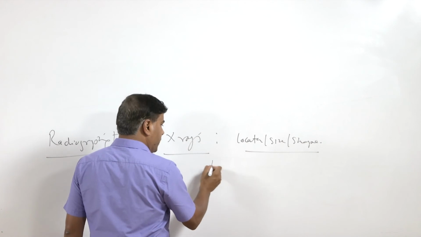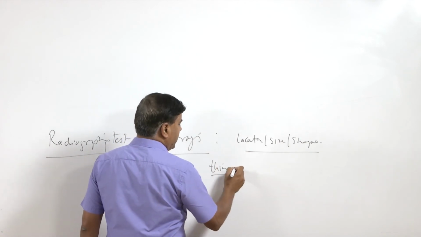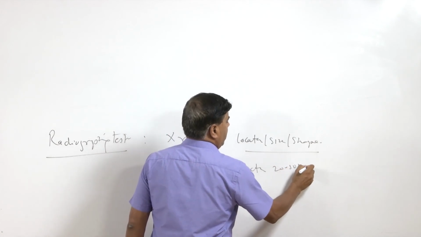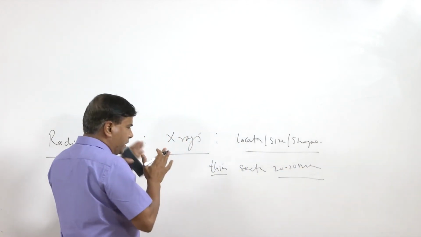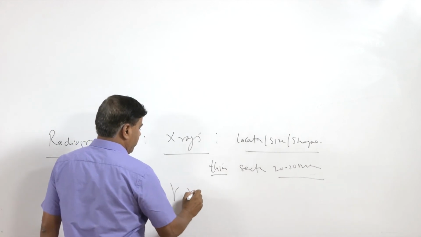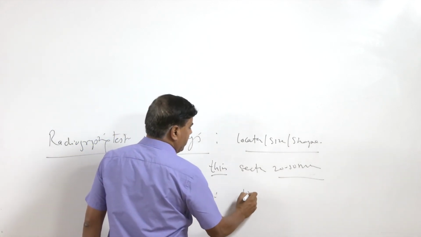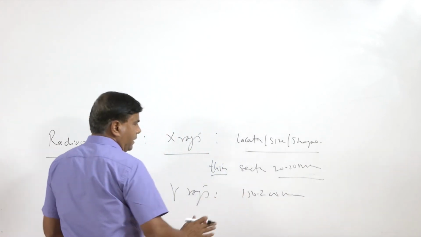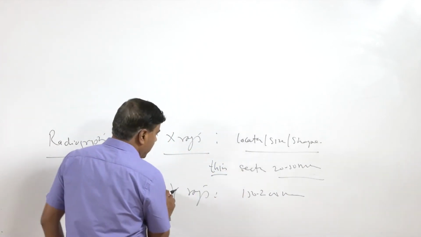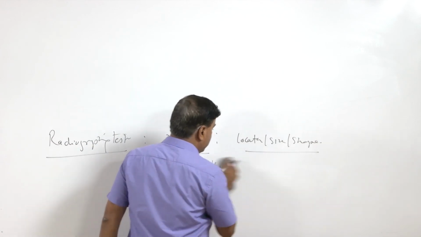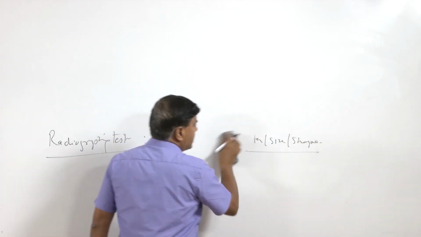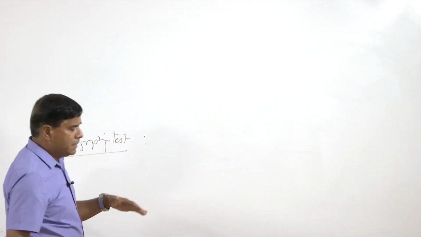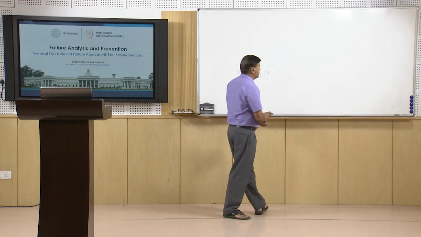This is applied to comparatively thin sections, say 20 to 50 mm, and for thicker sections, maybe 150 to 200 mm thickness, gamma rays are used. It works on the simple principle that low density metals allow these rays to travel through easily as compared to high density materials.